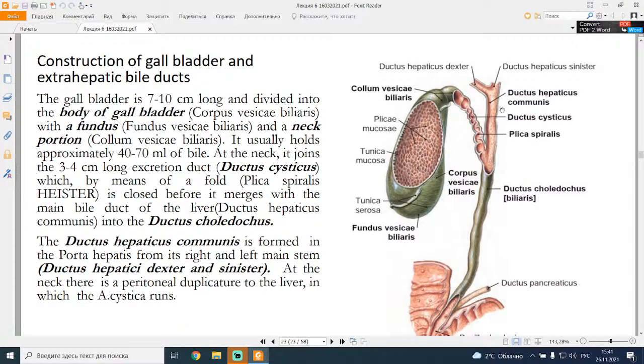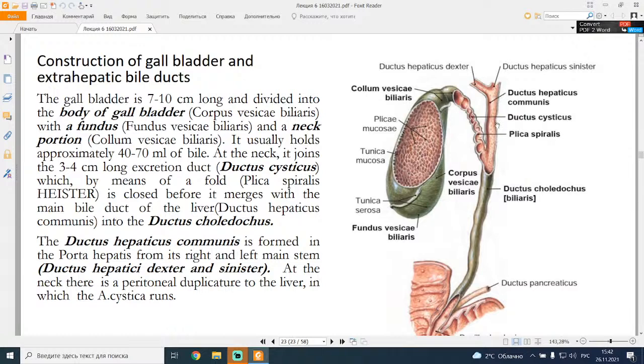Ductus hepaticus communis becomes ductus choledochus, Latin ductus choledochus, ductus biliaris. The ductus hepaticus communis is formed in the porta hepatis from its right and left main stem, ductus hepaticus dexter and ductus hepaticus sinister.